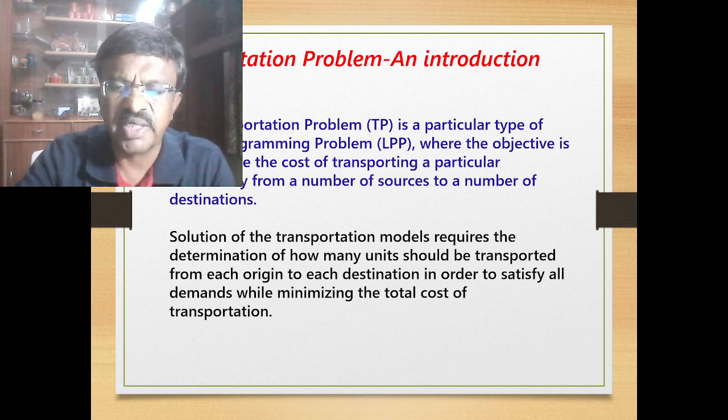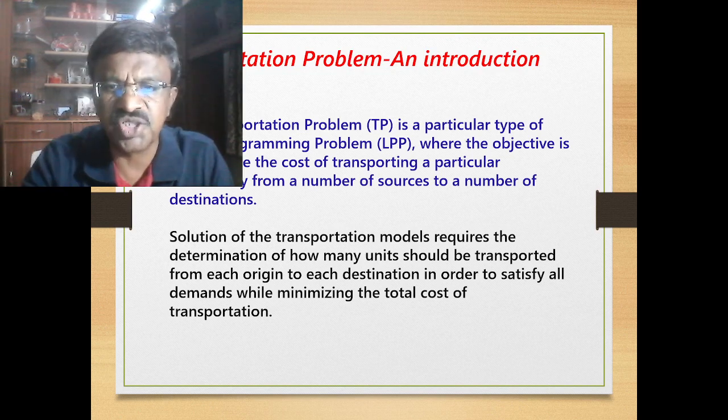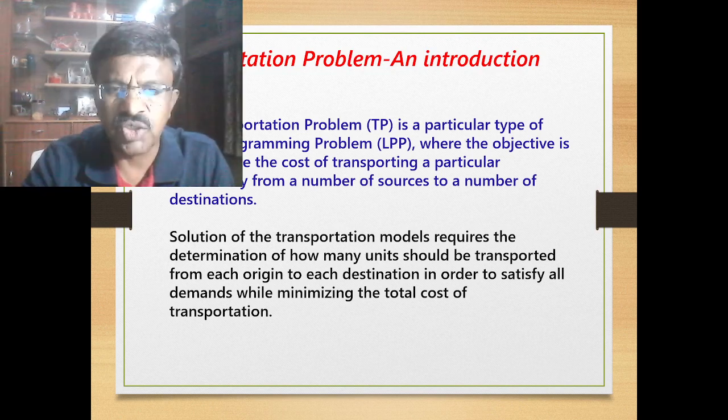Solutions of the transportation model requires to find how many units of a particular commodity should be transported from each origin to each destination in order to satisfy all demands while minimizing the total cost of transportation.